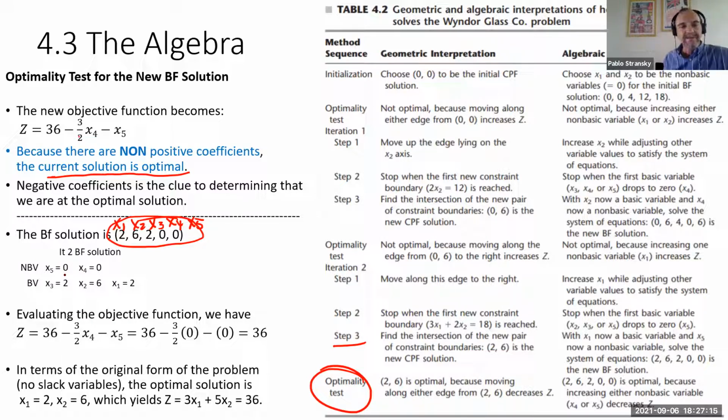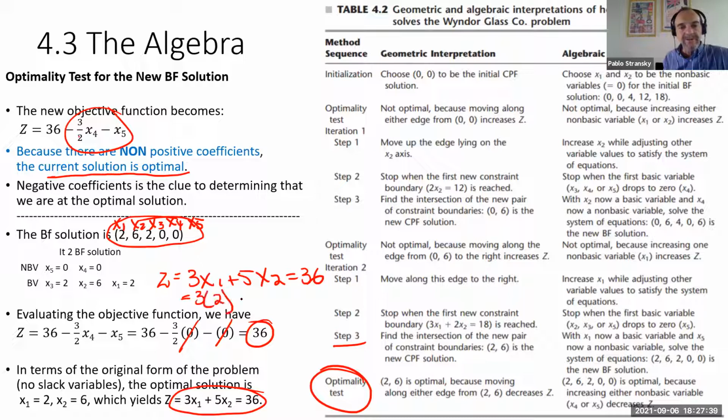If we apply this equation with those values, we exchange the 0 and the 0, and we just get the 36. But we can also apply it to our original performance equation, 3x1 plus 5x2 equals z. So now we got 3 times 2 plus 5 times 6 equal 36.